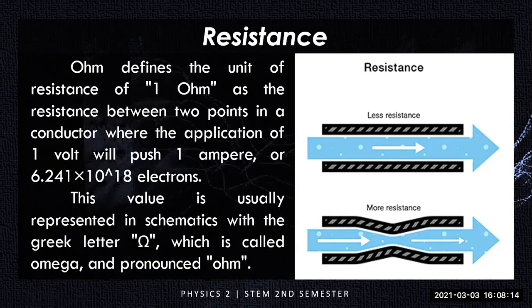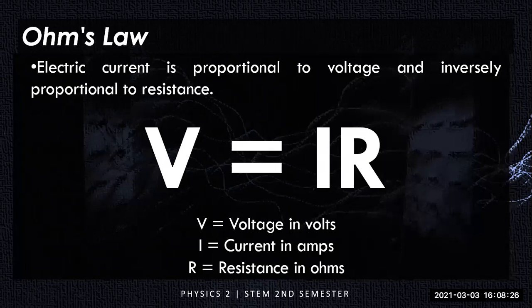We measure it in the Greek letter omega, ohms, in honor of the scientist Georg Simon Ohm. So, how do we define Ohm's law? Ohm's law states that current is proportional to voltage and inversely proportional to resistance.